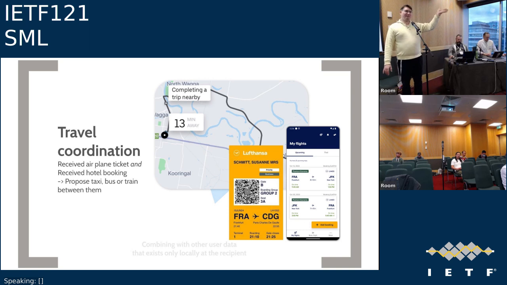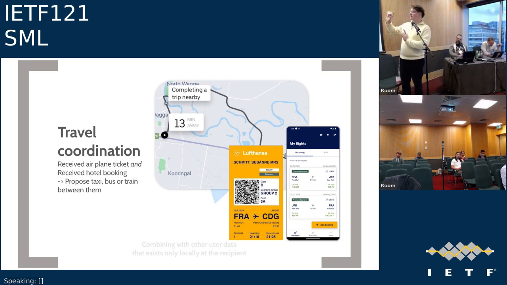So I'm getting an email with a booking confirmation from booking.com for the hotel, and I get a confirmation from Lufthansa for the flight. And if I didn't book everything on the same site, what is the only place that knows that I have both the hotel and the flight on that day? It's my email client. My email client is the only place where these two pieces of information come together.